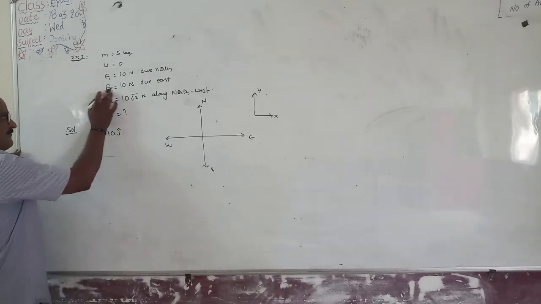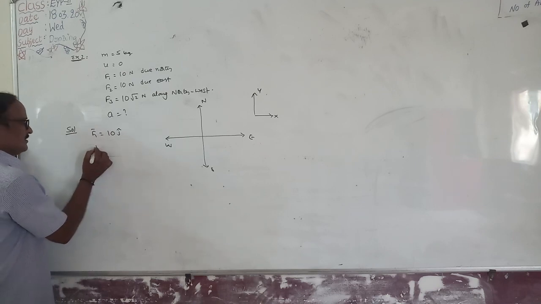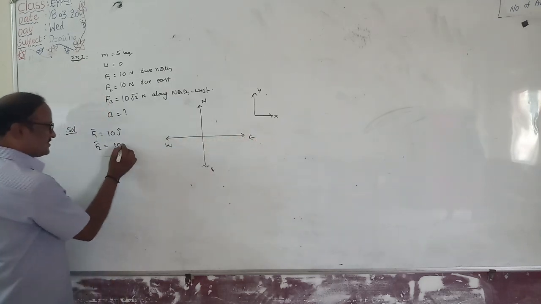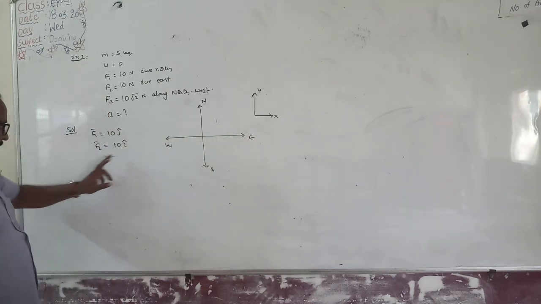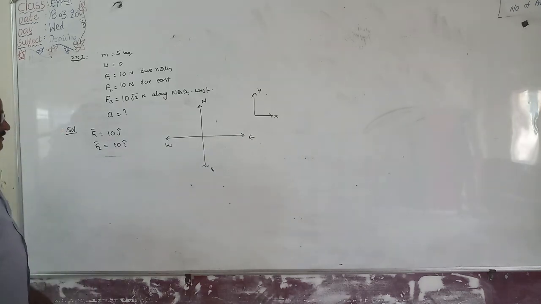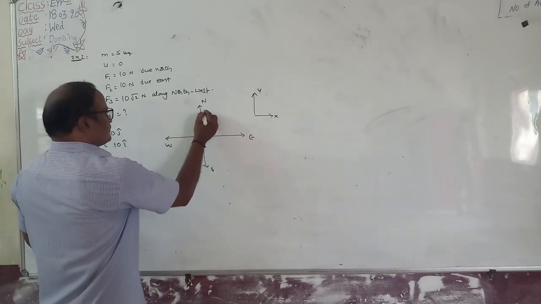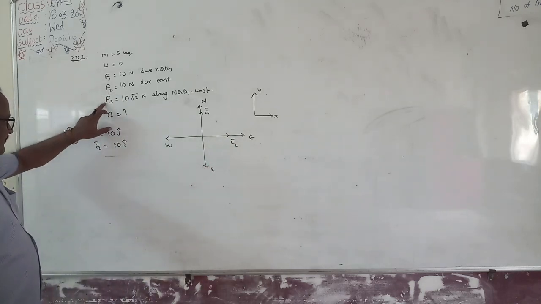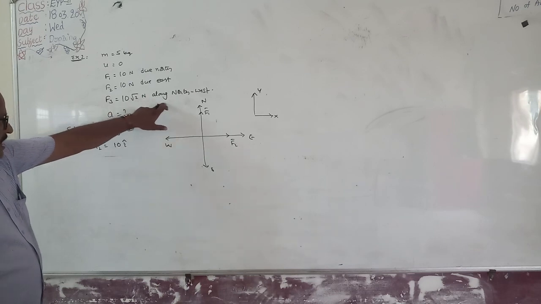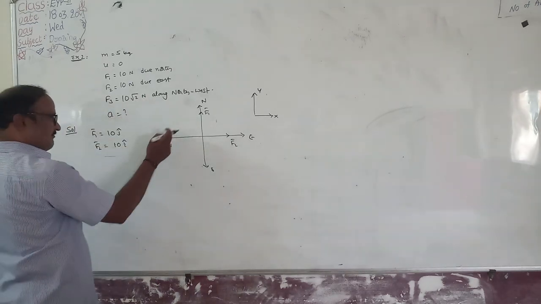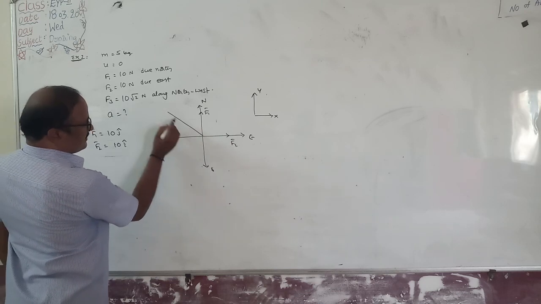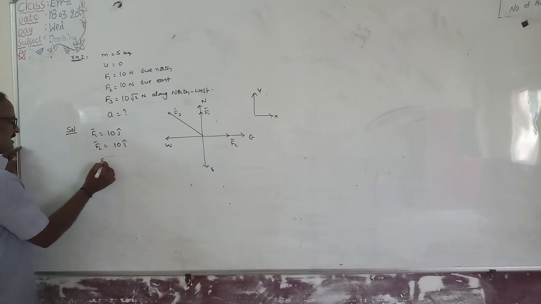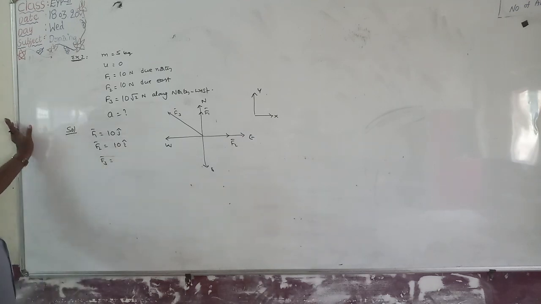Next, F2 is 10 Newtons due east. The second force F2 bar is 10, and due east means it is in the form of I cap, where I cap is the unit vector along the x axis. This is F1 bar, this is F2 bar. And the third force F3 is 10 root 2 Newtons along northwest. This is F3.